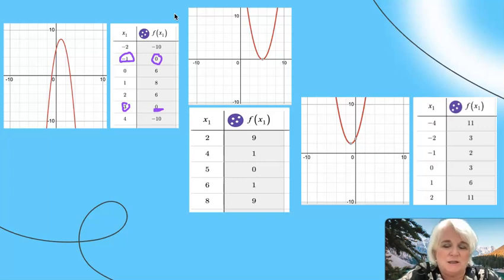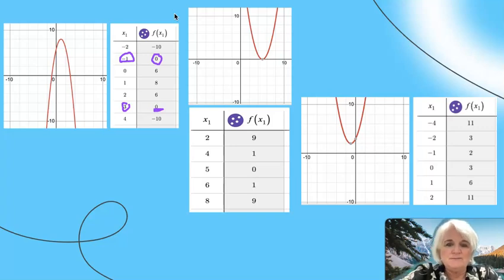That's my solution. So if you go from a negative to a positive, you will also go from a positive to a negative, and vice versa. Here I'm going from a positive to a negative. That means I have a 0 between them. So whenever you're changing the signs, you will have 2 solutions in your table.